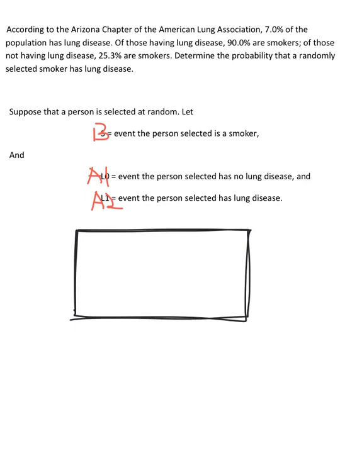Sample space, S. How many groups? 2 groups, 2 A's. Here is A1, A2. Who are in A1? Who does not have the lung disease?